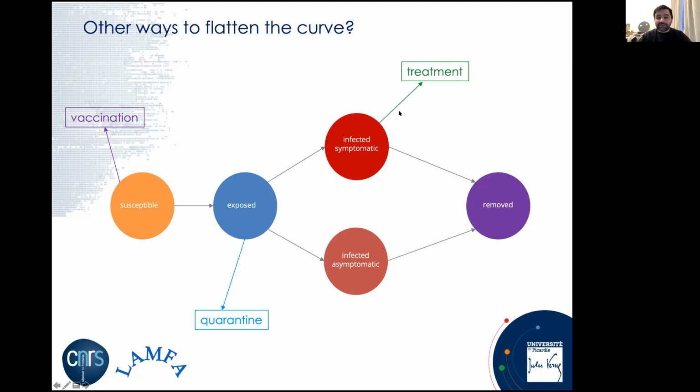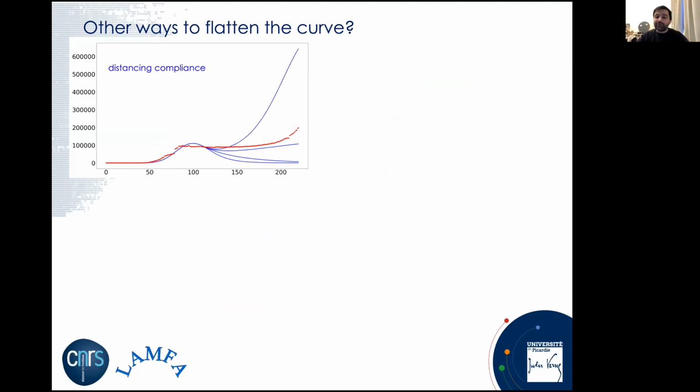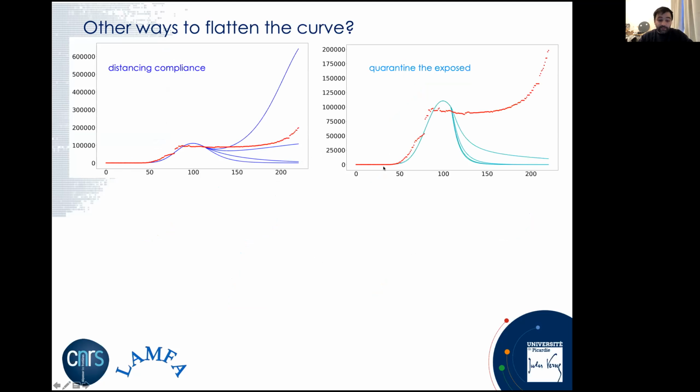So sorry, I cannot explain the model and what is inside, but the basic idea is always the SIR, much more precise on what a treatment is. But I can show you the simulation just to say there's probably another way than just a lockdown, especially in places where distancing is quite difficult to implement.